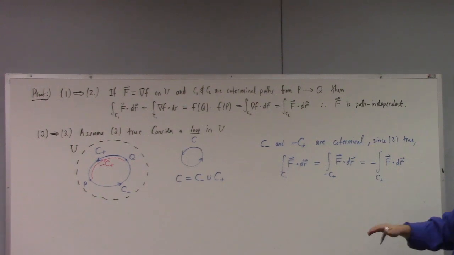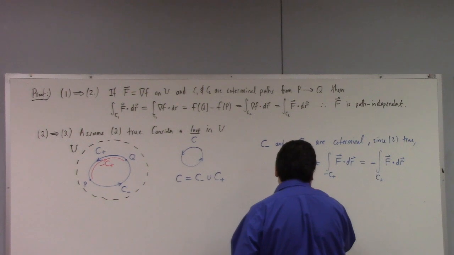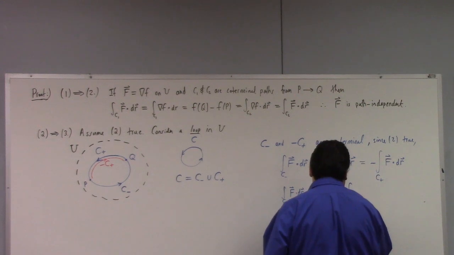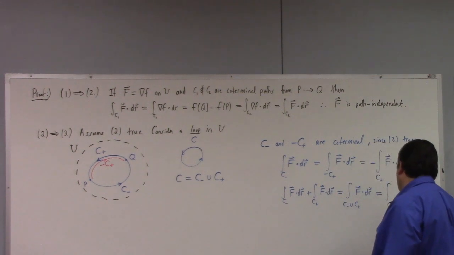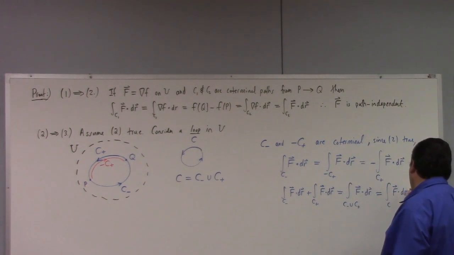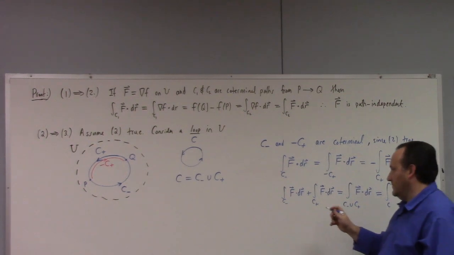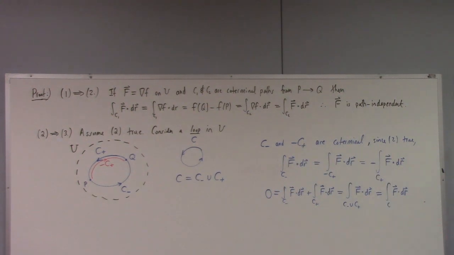And then you just put it to the other side, and we've got the integral along C minus of f dot dr plus the integral along C plus of f dot dr, which is, by the way, the integral along C minus union C plus of f dot dr, which is, of course, the integral along the curve of f dot dr. And that was all equal to 0, right? So I feel like I could start with a 0 over here. Thus 3 is true. Okay?